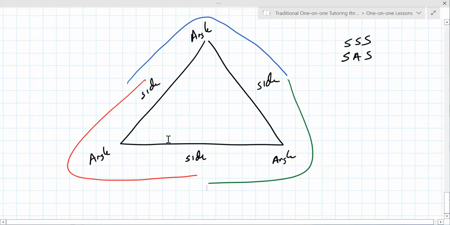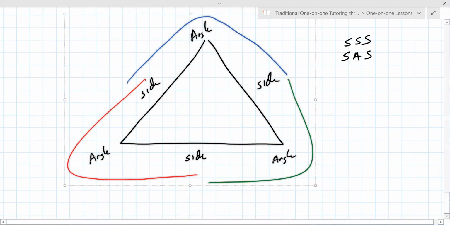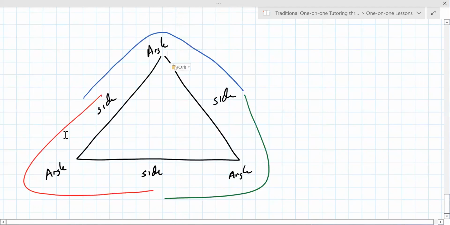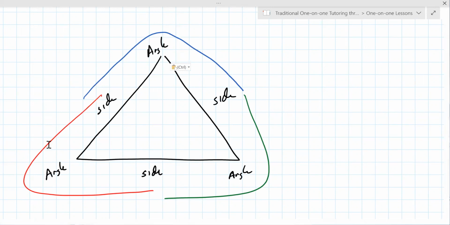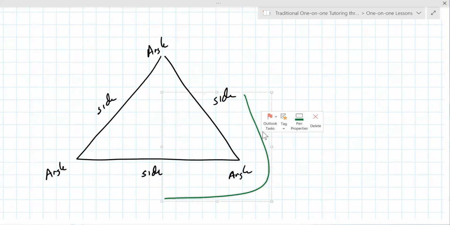Yeah, it does. Okay. Because I want to do this again for angle, side, angle. So this time we'll do angle side angle.